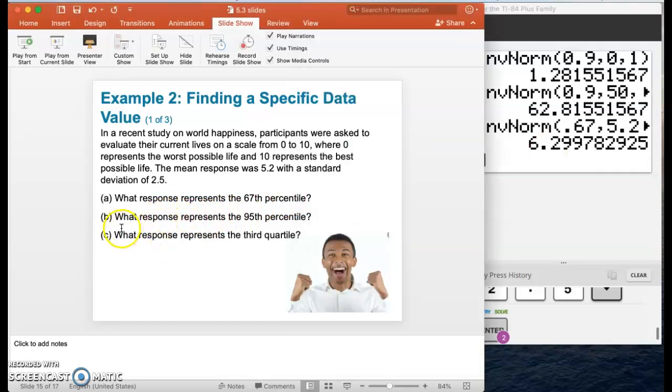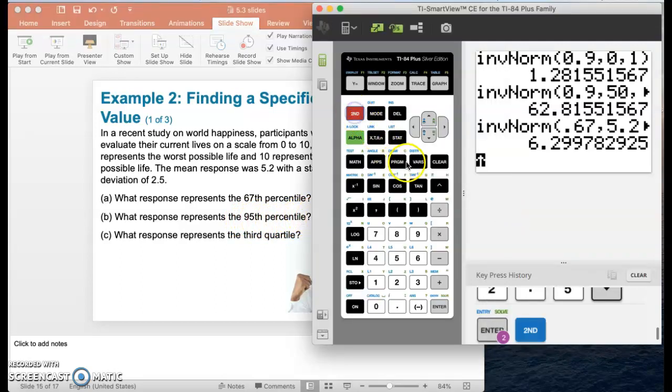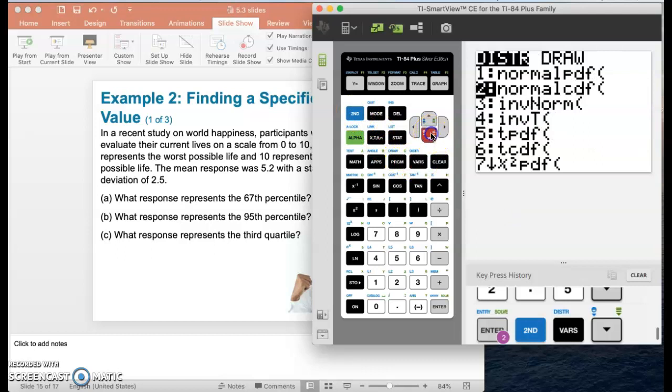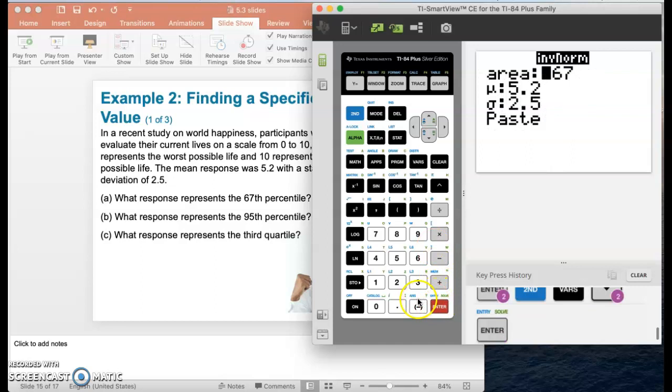Okay, then next in B, we're asked to find what response represents the 95th percentile. So we're going to use the same approach, except instead of the 67th percentile, now we have the 95th percentile. So the area corresponds to 0.95. So I'm going to go back to second and then vars. Arrow down to number 3, inverse norm, select enter.